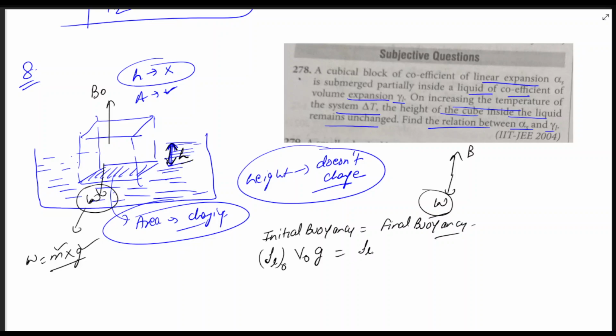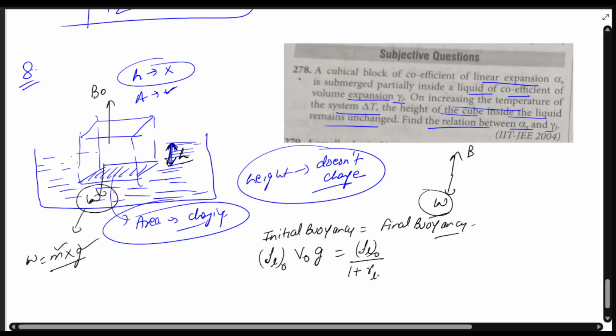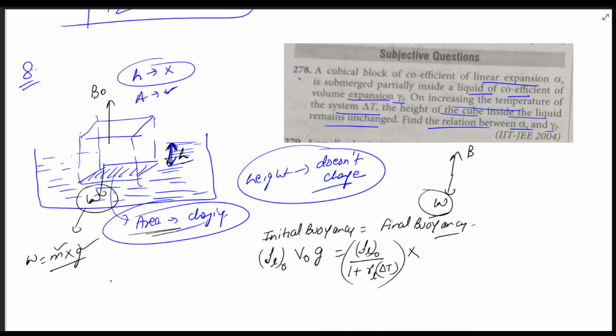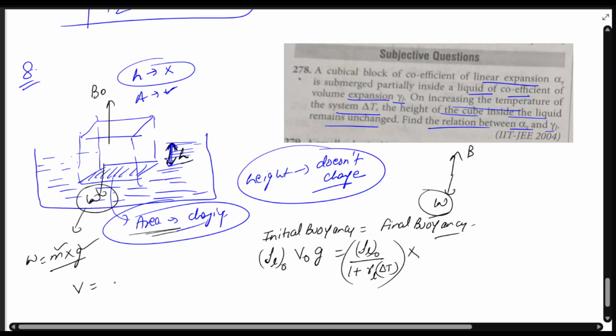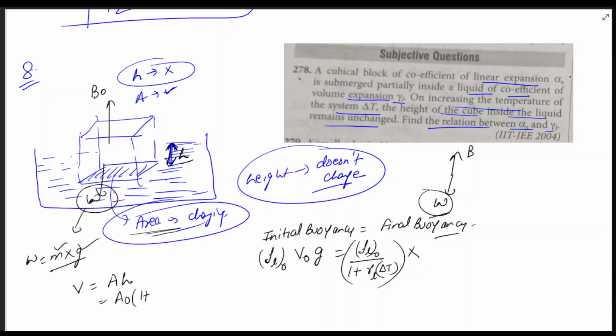It will be rho L naught divided by 1 plus gamma of liquid delta T, right? The volume of the object is changing. How? Only the area is changing. So we have to write volume as area into H, right? So this will be A naught into 1 plus, and we have been given the linear expansion of the solid.